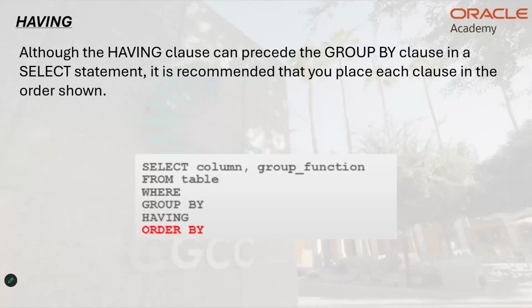So although the having clause can precede the group by clause in the select statement, it is recommended that you place each clause in the order shown. So this is the recommended order. Now, with Oracle, you could probably get away with swapping things, but I would suggest select, from, where, group by, having, order by. Leave your order by essentially as the last thing in your query when you're using groups.